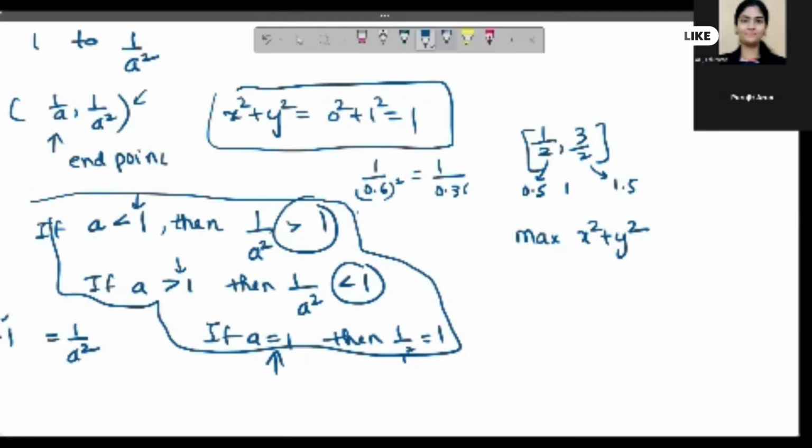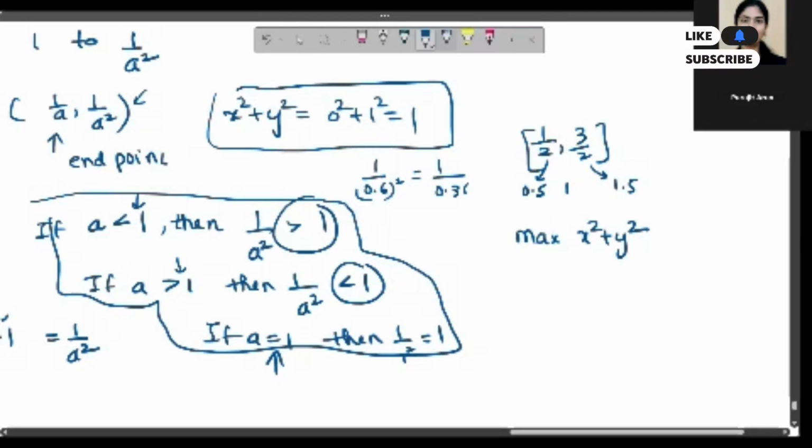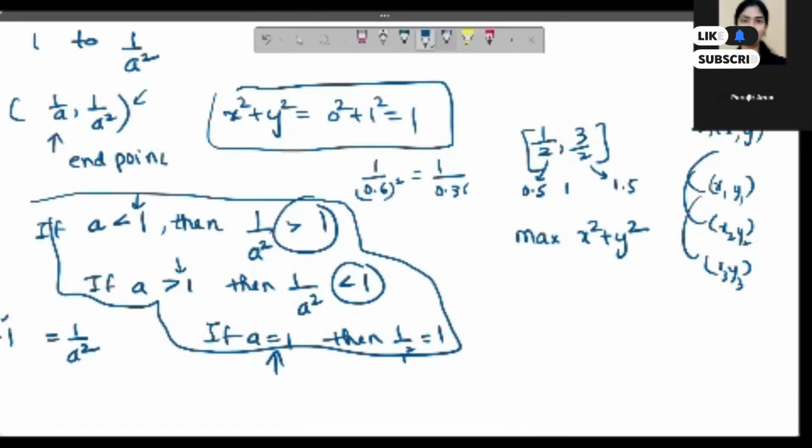Maximizing x square plus y square means whichever set of values you get for x and y, x1, y1, x2, y2, when you substitute these values into the function, which one is giving you the maximum? The highest value of the function. Yes, we are checking for local maxima in the neighborhood.